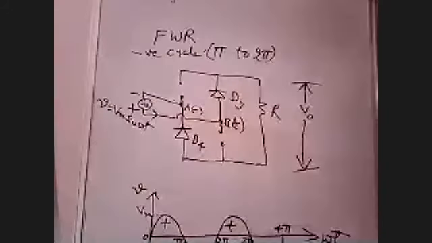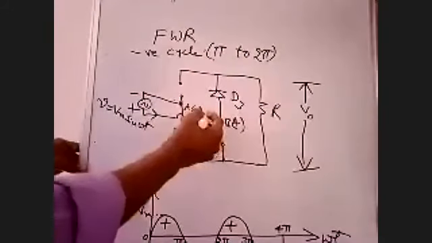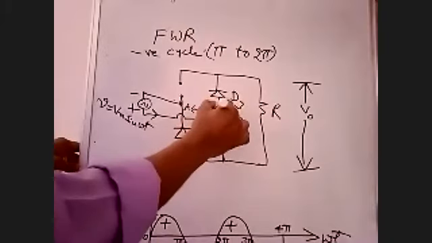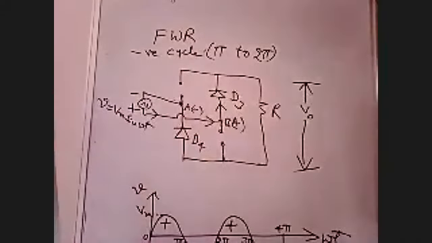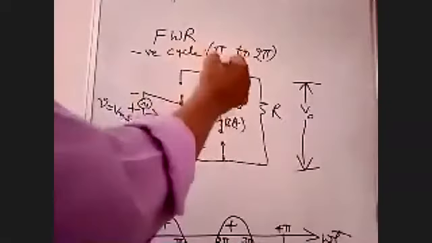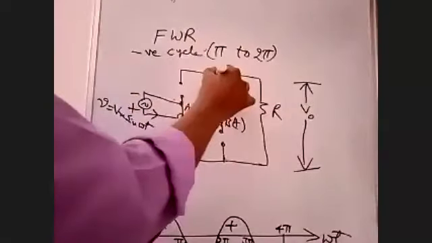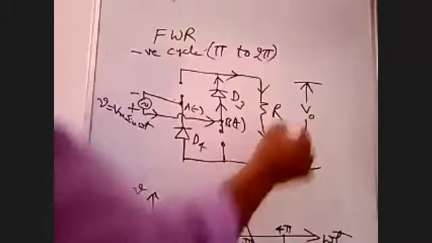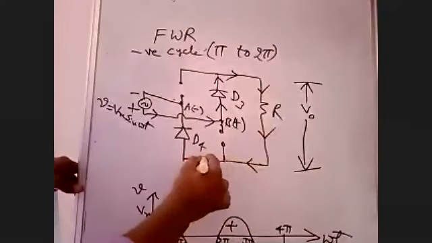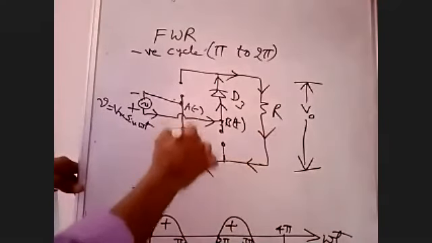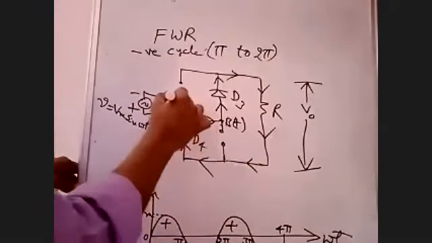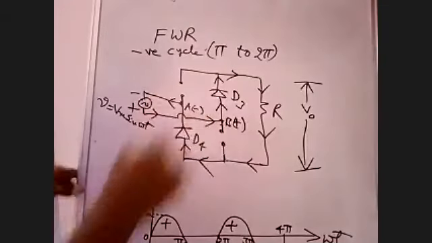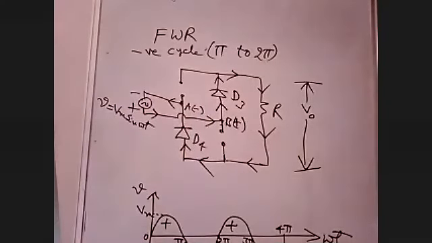Now we'll go to the current direction. See, current always flows from anode to cathode. See the direction of current.